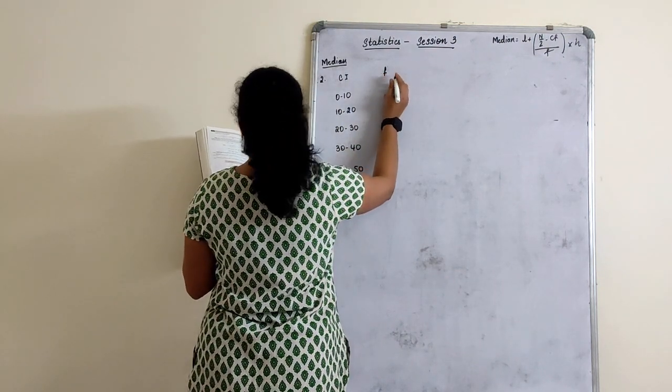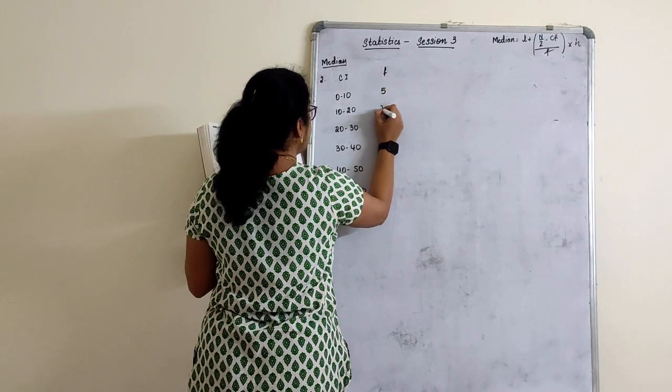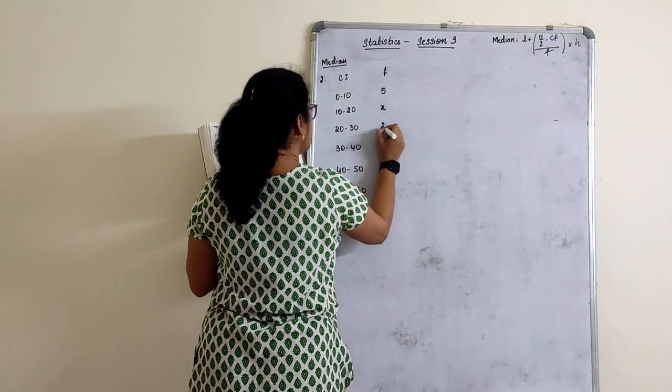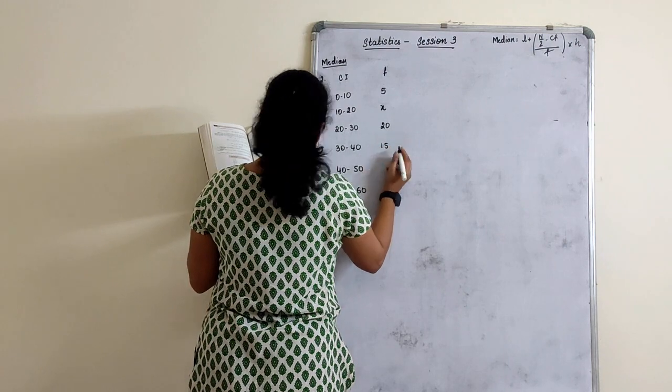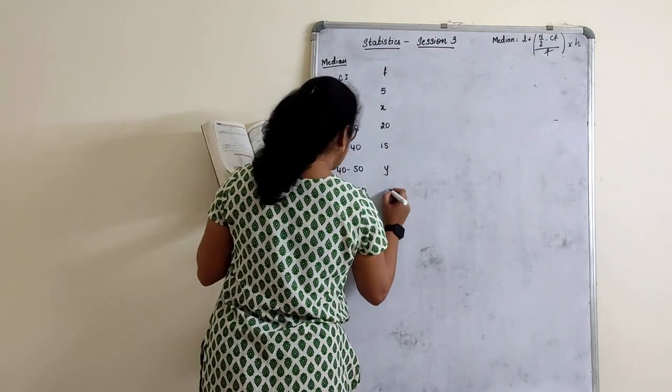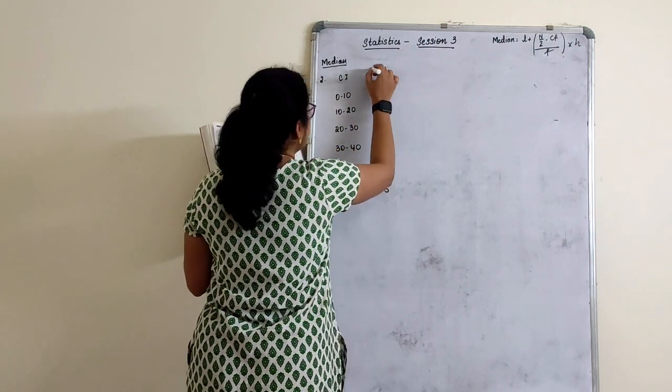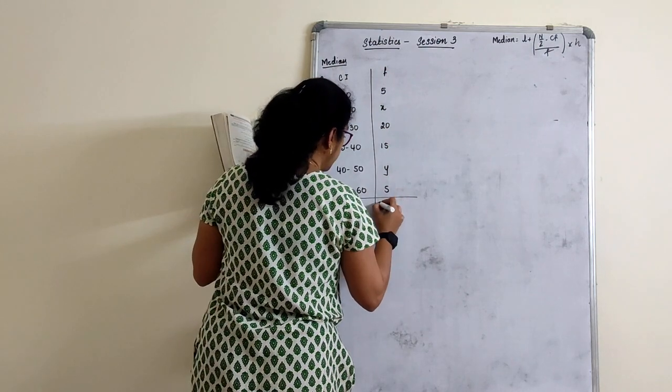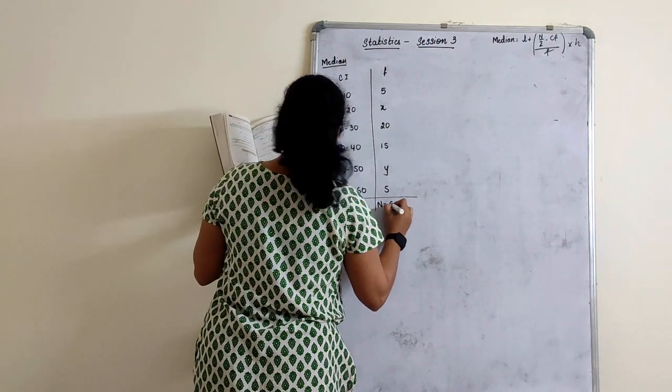Frequencies we have here are 5, x, 20, 15, y and 5. And see that here they have given you the total, N is equal to 60.